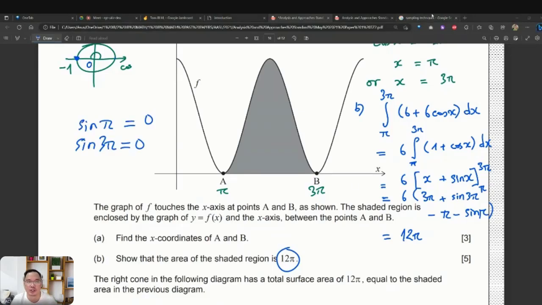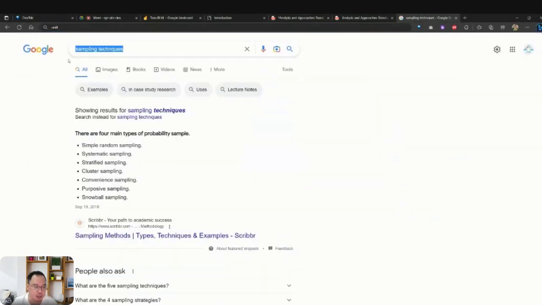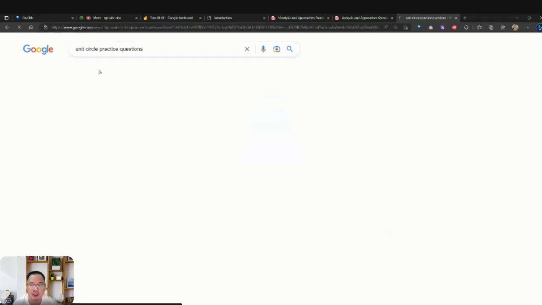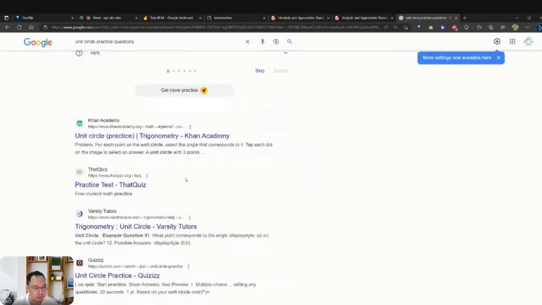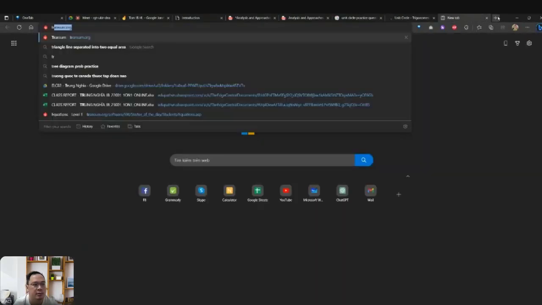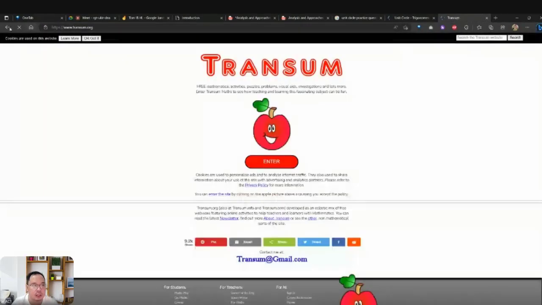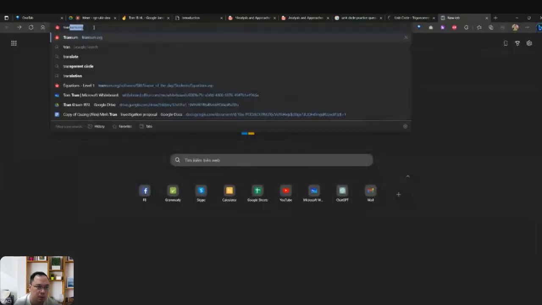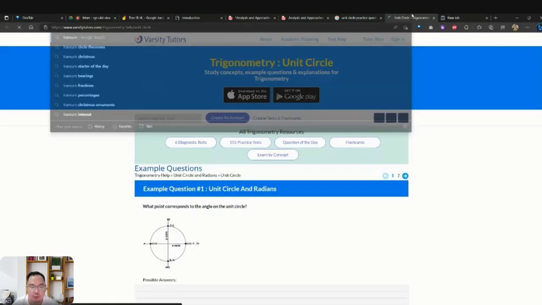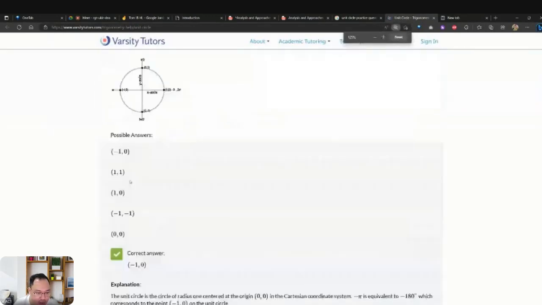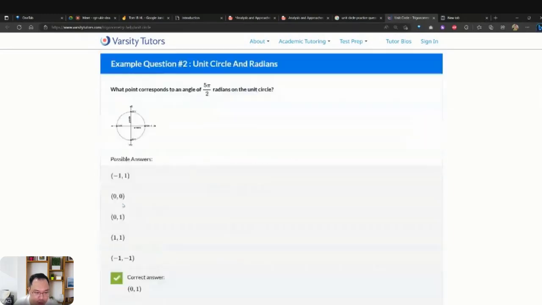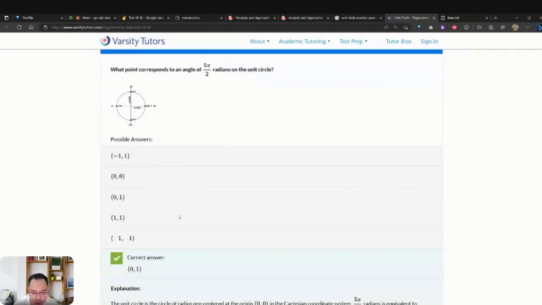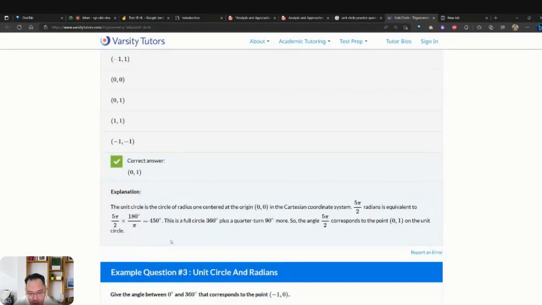Okay, I will send you a link to practice with the unit circle. I love websites like Khan Academy, Varsity Tutor. There's another website called Transom, Transom unit circle. It provides the answer below, so you can check your answer or see the solution if you don't know how to do it.